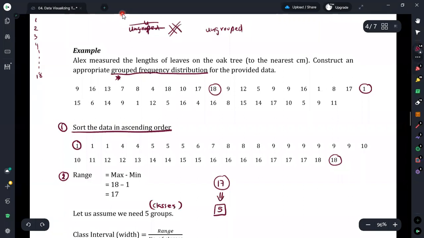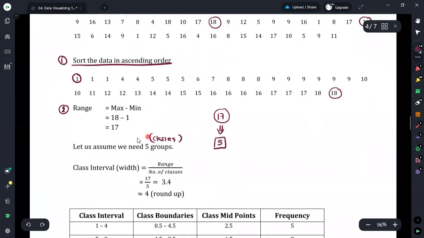Suppose that we are obtaining 5 classes. Using the range and the number of classes, we can compute the class interval or the class width. This is the third step. We assume the number of classes based on the range, and thereafter we can compute the class interval, or simply the width of the class.